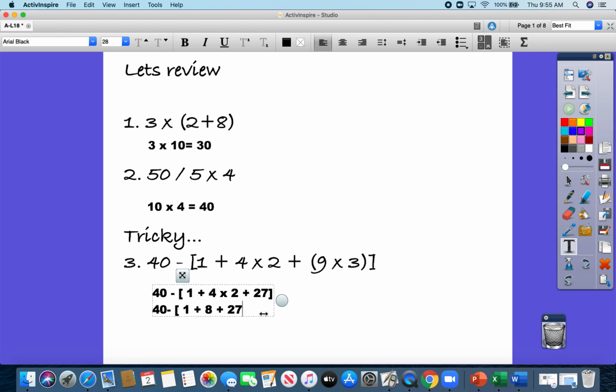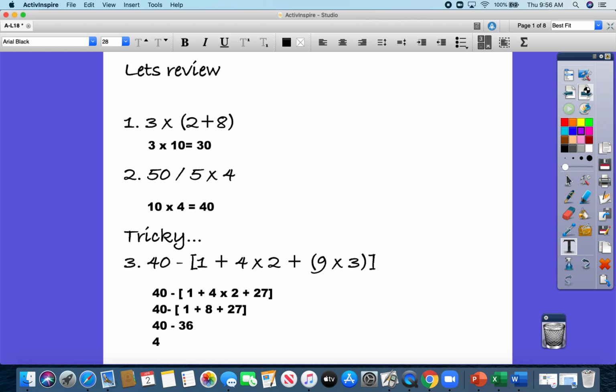Then I need to do 40 minus, and I can figure out what's inside my brackets. 1 plus 8 plus 27. 1 plus 8 is 9. 9 plus 27. Oh, I should know that because 9 times 3 is 27. 9 times 4 is 36. And then 40 minus 36 is 4. So my answer to that one would have been 4.